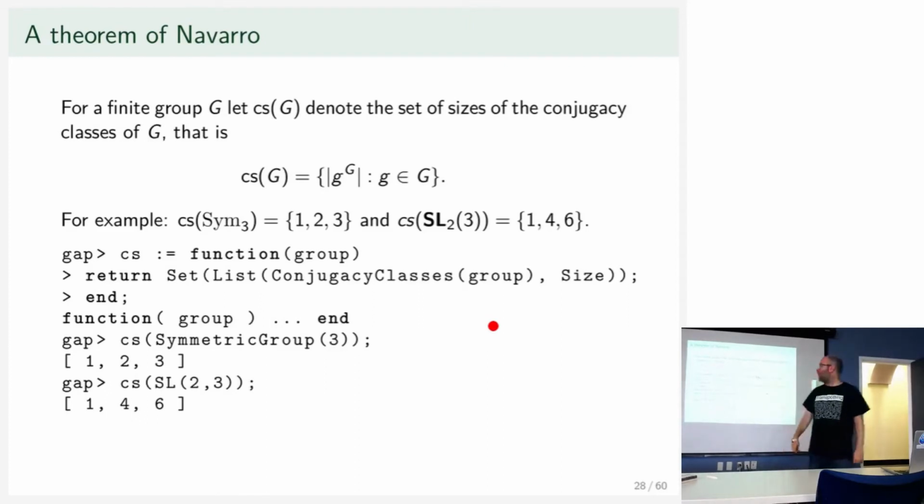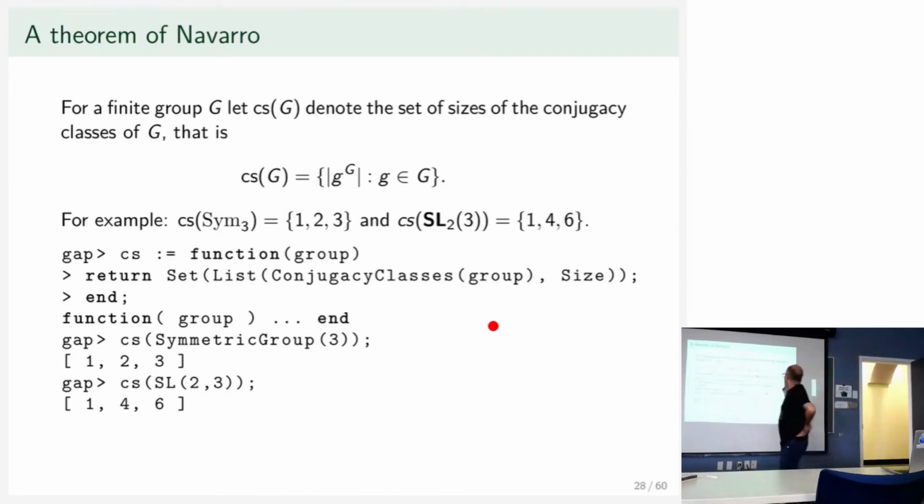Here, CS of my favorite group is this. Good. So I write a function to compute this CS. This is a set, not a multiset. I'm doing this as a set. I mean, you want to study this as a set, not as a multiset. Of course, you can just replace this by the multiset, but since I want to answer a particular question, a concrete question, it's about sets.